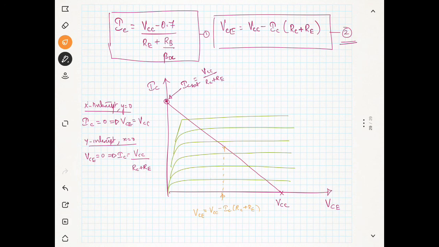This is your point VCE, and we can say this is the Q point. Another one is IC. According to this equation, IC is VCC minus 0.7 over RE plus RB over beta DC. So this is how you can find the IC and VCE, or the Q point. I hope that this is clear.